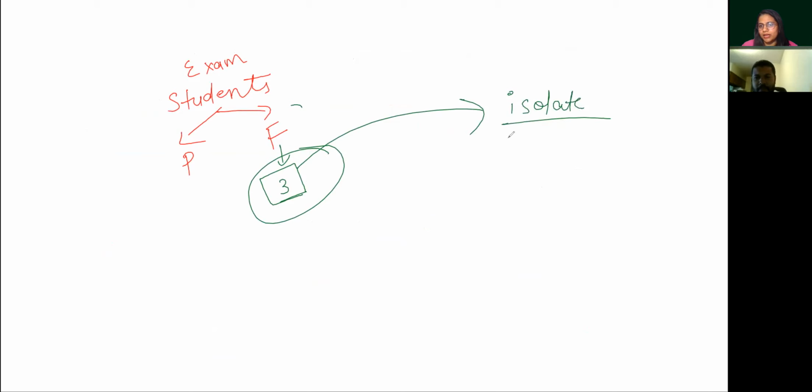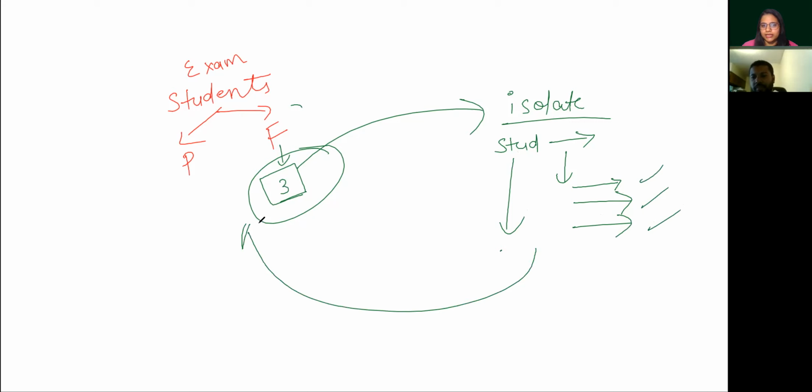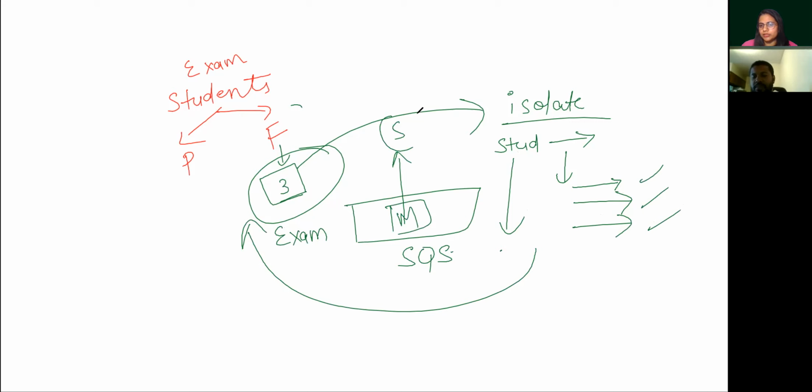They check what problem the student is facing: either they are not able to understand the subject, or not able to learn it properly. Once the student has solved all their problems, they send them again for the exam, and the exam in our case is the SQS queue, and then they check again whether the messages are processing or not.